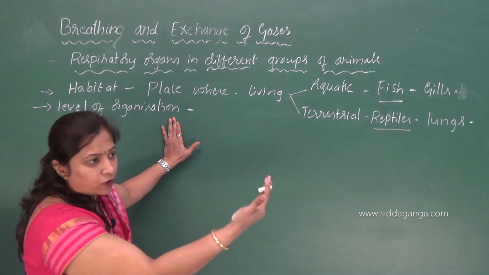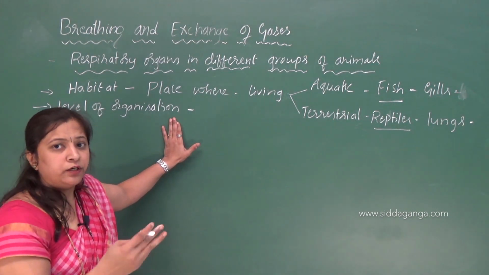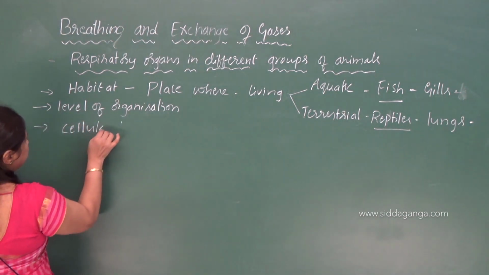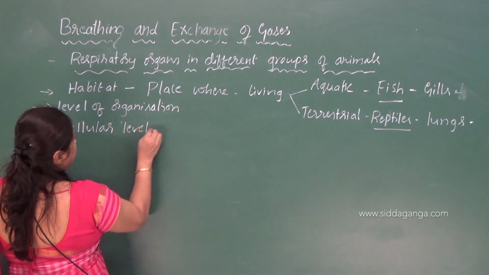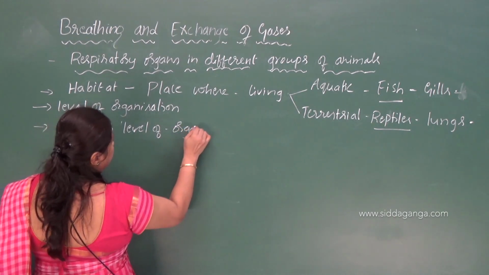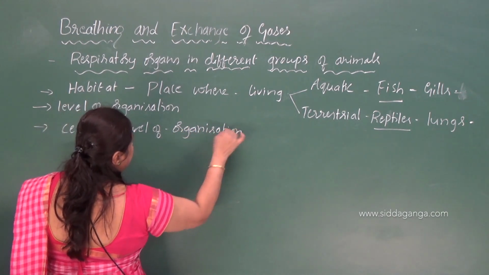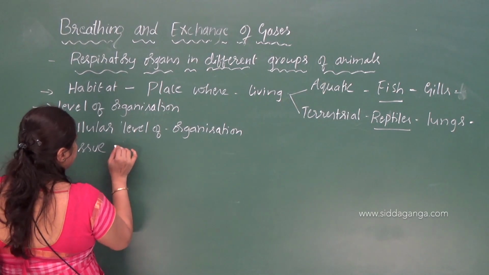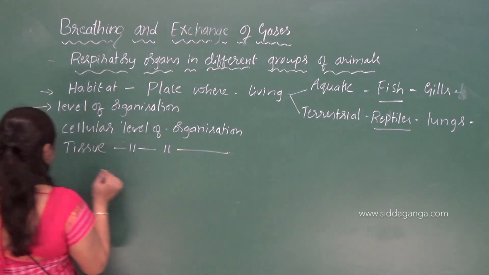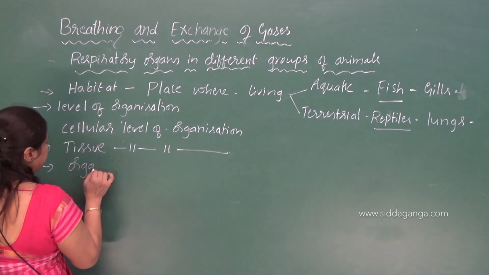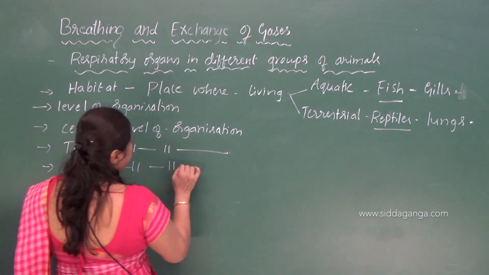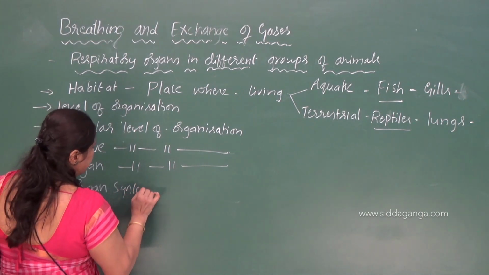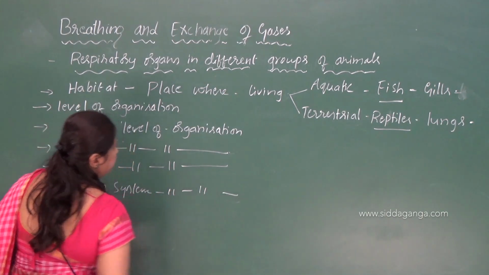The animals show different levels of organization, that is cellular level of organization, tissue level of organization, organ level of organization, and organ system level of organization.